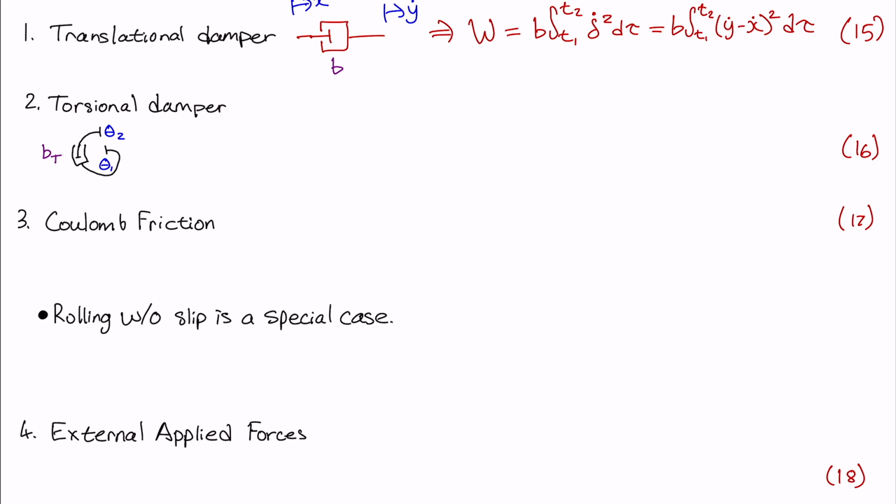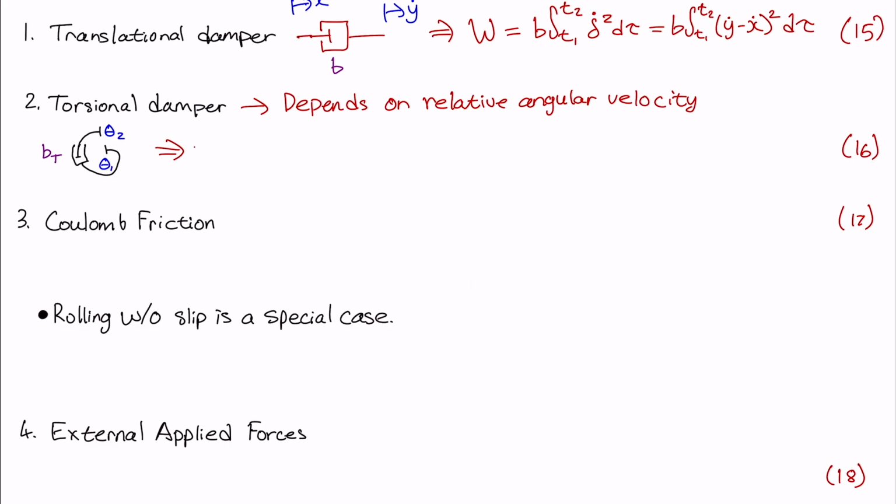Okay, for a torsional damper, this just depends on the relative angular velocity. For a planar system, we only have one direction for this. In 3D, this can get more complicated.